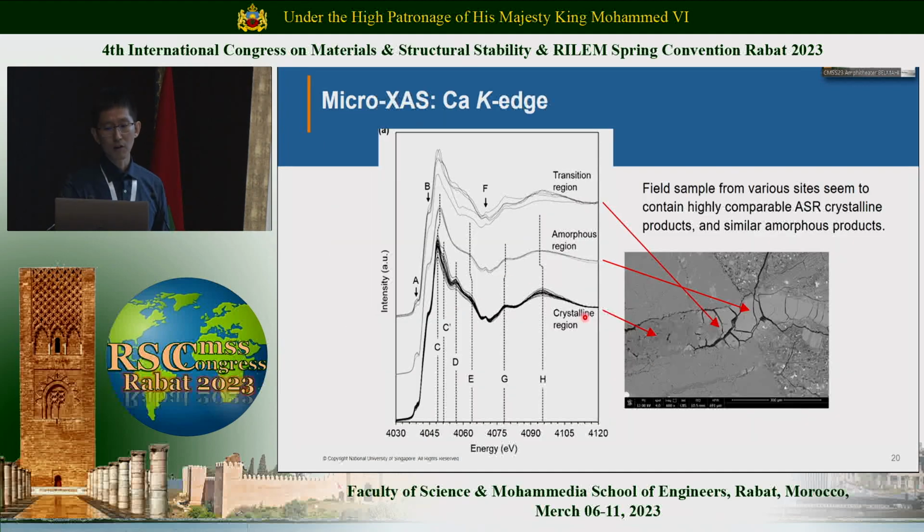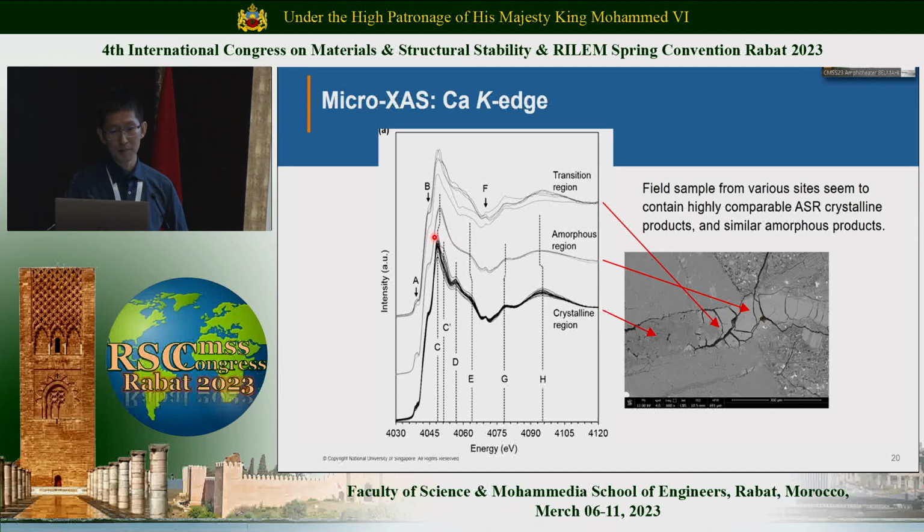So here's the result, where I plot all the spectra of the calcium absorption edge of the ASR samples from several different places in Europe. What we found is that even though they are from completely different places and the raw materials used to make these concretes are very different, the crystalline morphology product inside the aggregates shows very consistent absorption spectra, which is very different from the absorption spectra of the amorphous-like ASR product.